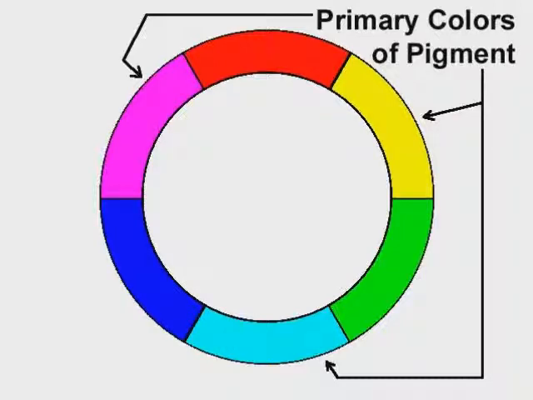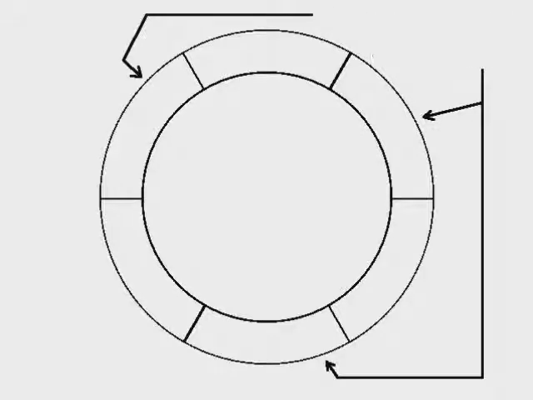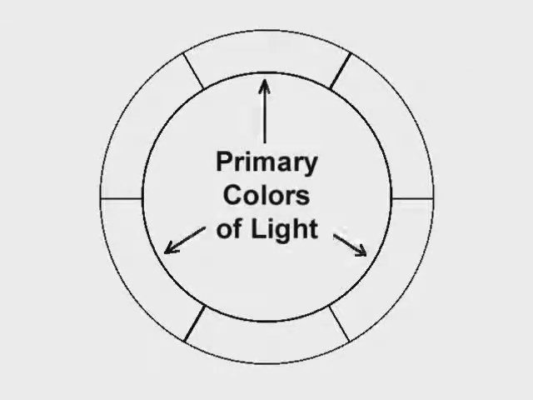And if you're working in a digital medium, like I am here, there's another set of primary colors. Those are the primary colors of light. This is when you're looking at your computer screen, you're seeing different colored photons being projected onto the monitor.